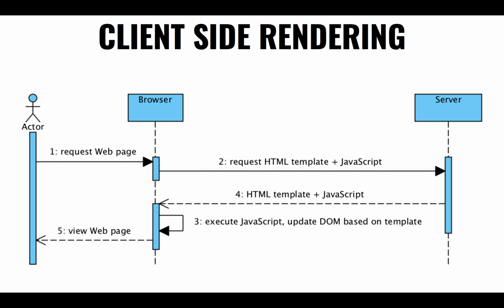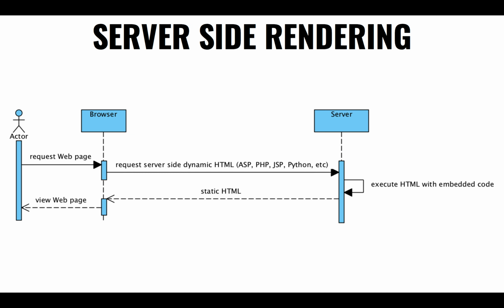As opposed to the server side, where when you navigate you are asking for a brand new page that gets rendered, and then we show you that finished static content. So you're throwing away the old page and rendering a brand new page in its place.